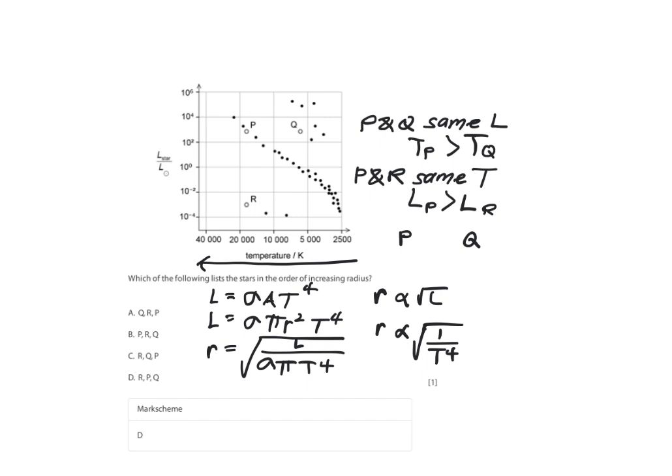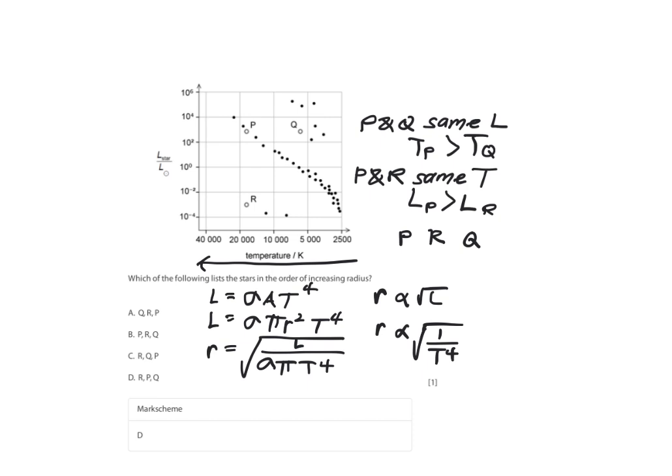So P is tight and Q is big, and then comparing P and R, radius is directly proportional to the square root of the luminosity. So as luminosity goes up, the radius goes up. And P has more luminosity than R does, and so R is going to be in the middle. So in terms of increasing radius, we have P, then R, then Q. Wait, no. This is so annoying.